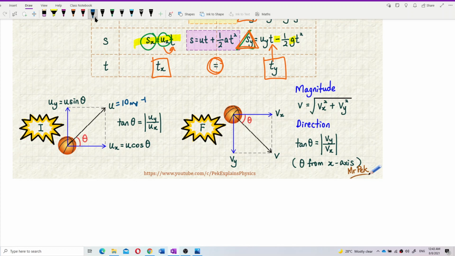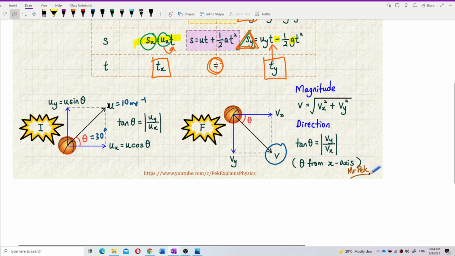A ball is thrown at an initial velocity of 10 meters per second at an angle of 30 degrees above the horizontal. Then it asks you to find the final velocity. Can you find it? Very easy.